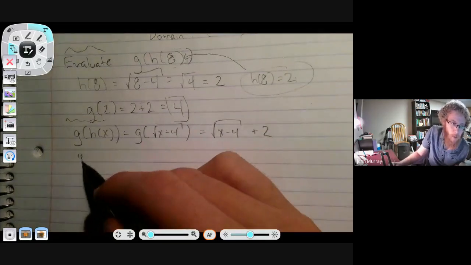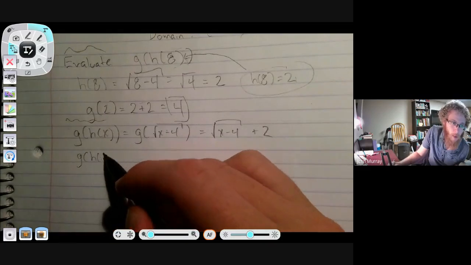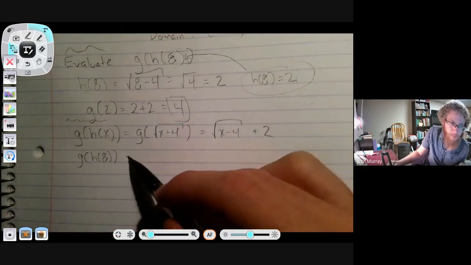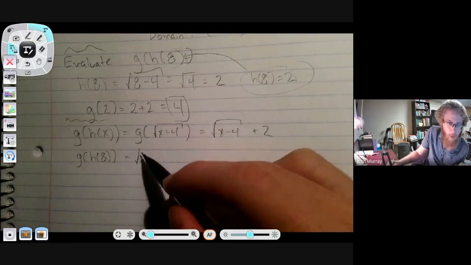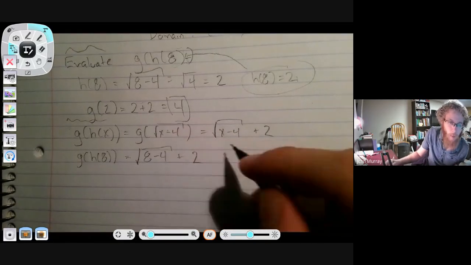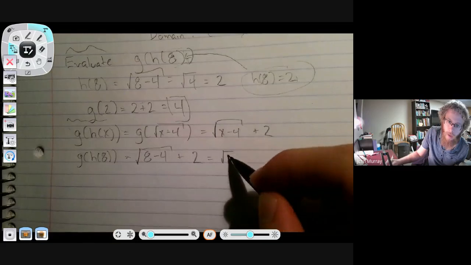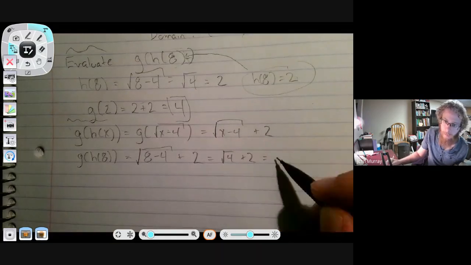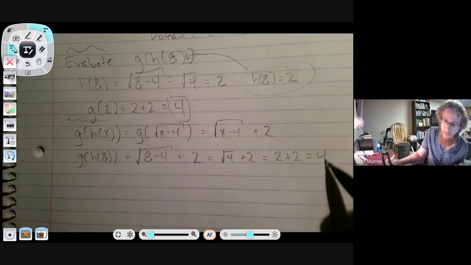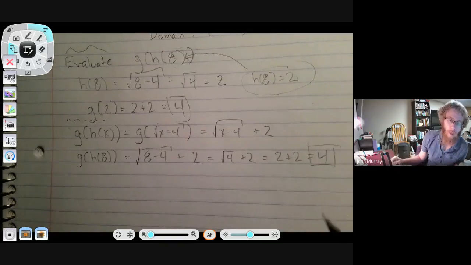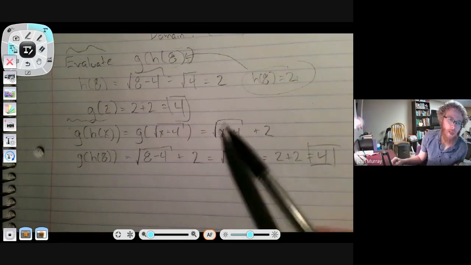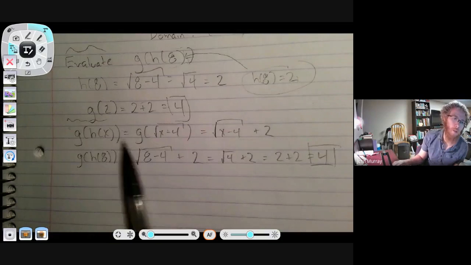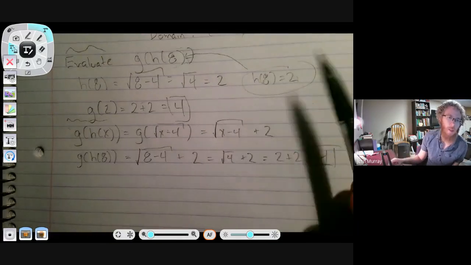And then we can plug in our 8. All right, that would go in there. And essentially, we're just doing the same thing. It's just written all out at once. Okay, I think this way is a little longer because you actually have to come up with your composite function.